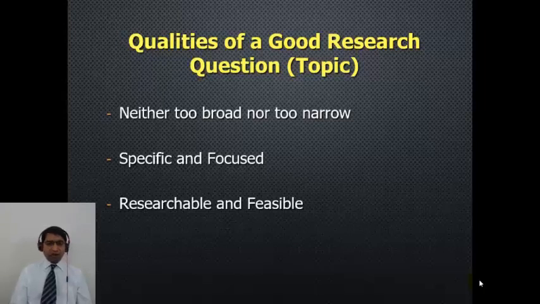You talk about getting data from this area and you need to travel a lot. So is it feasible? Can you do it within the limited amount of time when you're doing your thesis or dissertation? You have a very, very limited amount of time. You have to do it in like 6 months, 3 months, 1 year, 2 years, something like that.